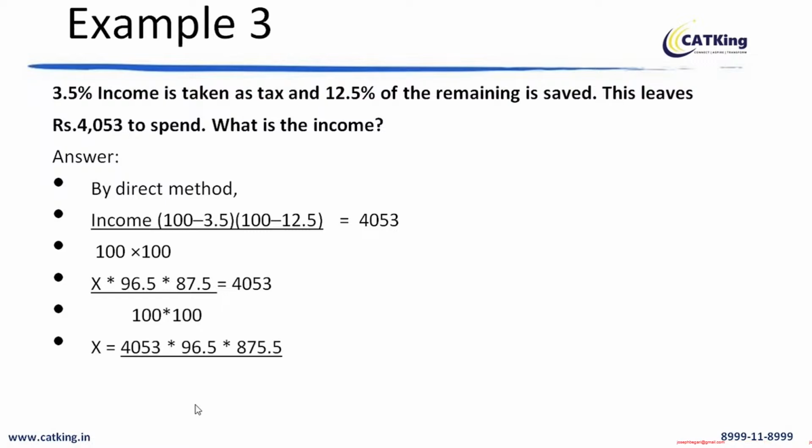So that is 4053 into 100 into 100 upon 96.5 into 87.5. Just a second, hold on. There is some mistake in your writing here. Don't focus there. Let's solve this together. Okay. So this is 4053, the 100 goes to the other side and turns into multiplication.